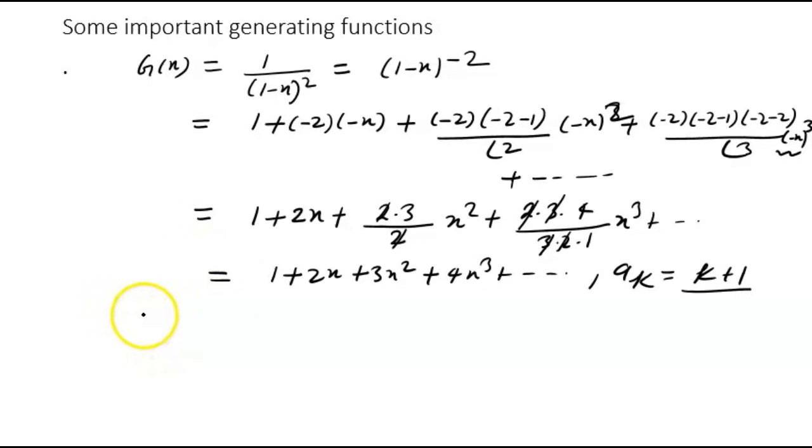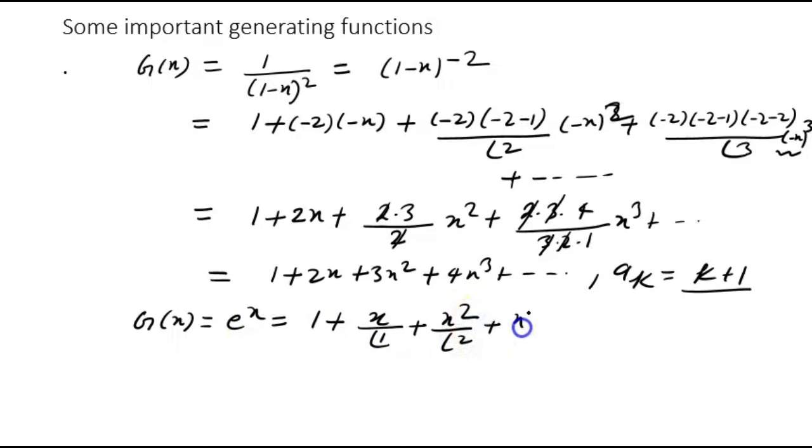One is suppose I take the generating function e^x. You all know from your calculus class that the expansion of e^x is 1 + x/1! + x²/2! + x³/3!, and so on.